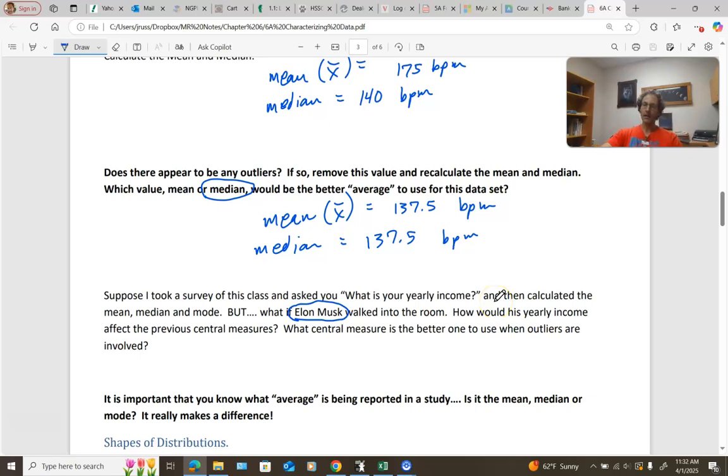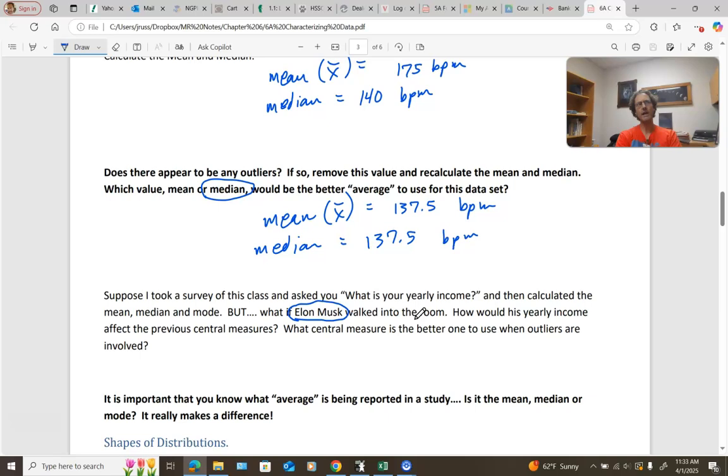He would be an outlier, or his yearly income would be an outlier. And because of that, guys, his yearly income is in the billions. It would pull the mean up so far that it would make the rest of us look like all millionaires. The average would probably be in the millions, maybe the low millions, but nonetheless.